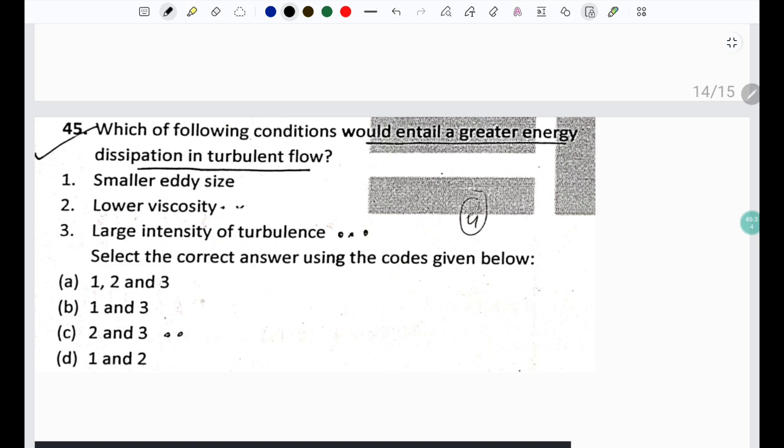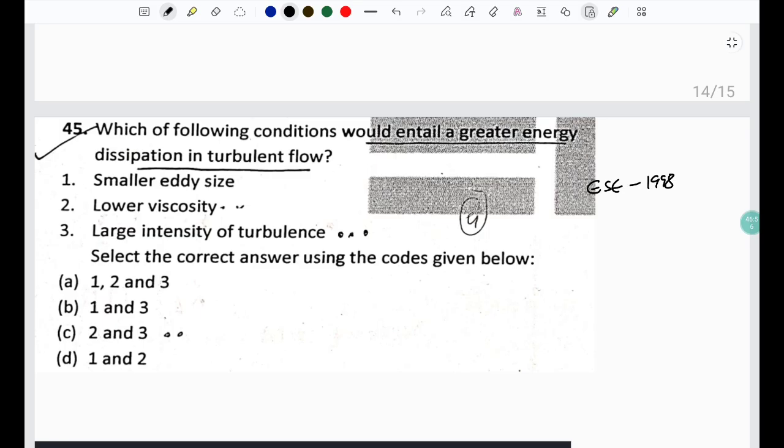Here we have another question. This is actually a PYQ of engineering services 1998 or 1996, and it said which of the following conditions would entail a greater energy dissipation in the turbulent flow. The first one was smaller eddy size, the second one was lower viscosity, and third one was large intensity of turbulence.